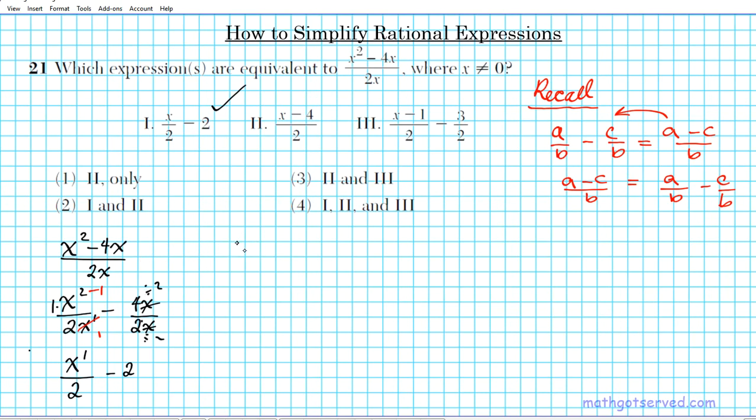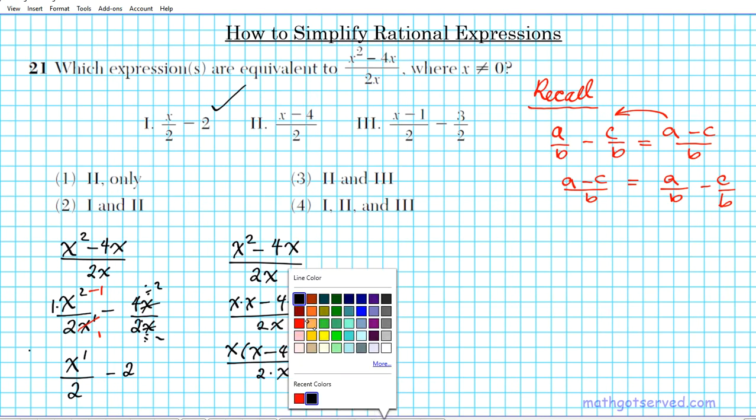Now let's use the factorization and reduction approach. We have x squared minus 4x divided by 2x. We can factor out the GCF from the numerator. If you look at the numerator, we have x times x minus 4, all divided by 2x. You notice that in the numerator, x and x is a common factor, so we can factor that out: x times x minus 4 divided by 2 times x.